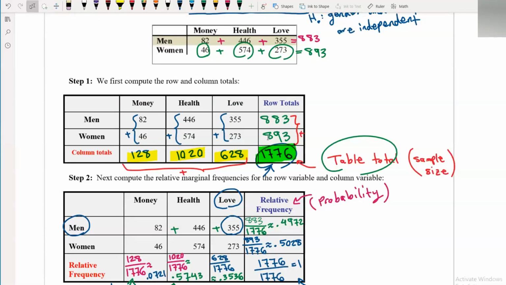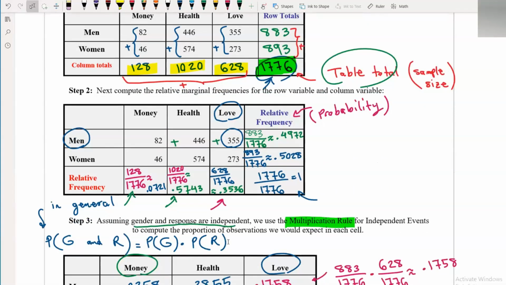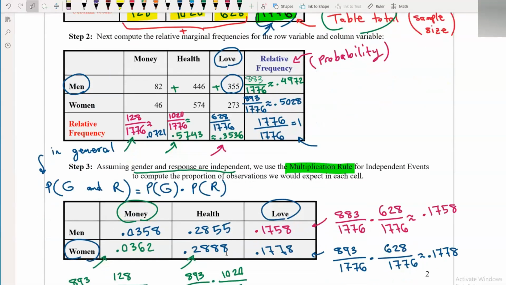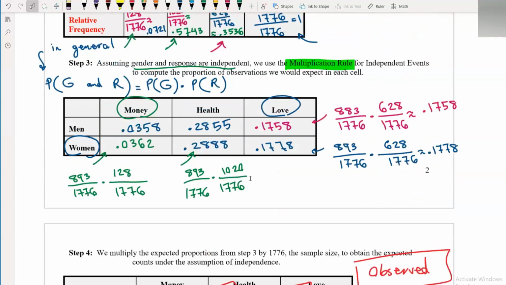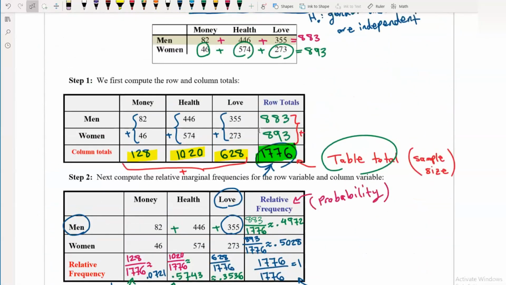So after finding the sum, here for women we had 893, and for love we have 628. Multiply these two numbers and then divide by the table total. That's it. So we don't need step number 2, step number 3, and we don't need step number 4. We only need step 1 and multiply and divide here.